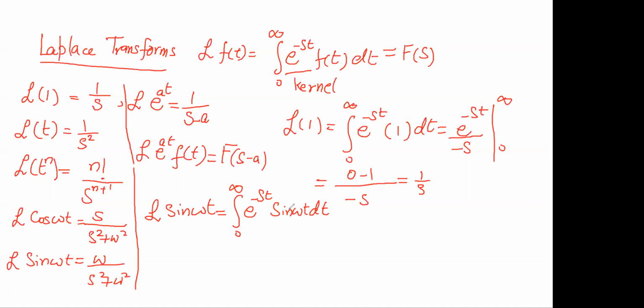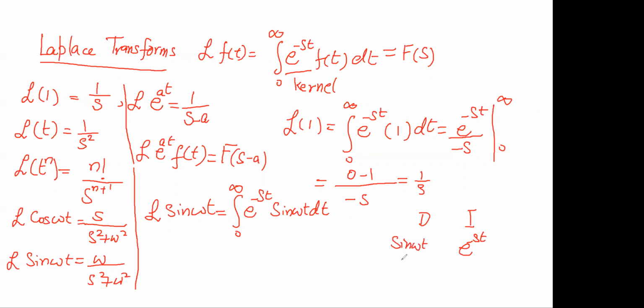Now in order to evaluate this integral, we need to adopt the method of integration by parts. I like the DI method for integration by parts. In the DI method, I take e power minus st as the function for the integration, and sine omega t as the function for the differentiation.